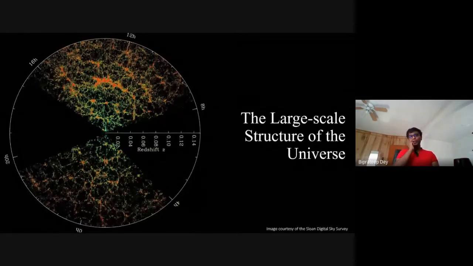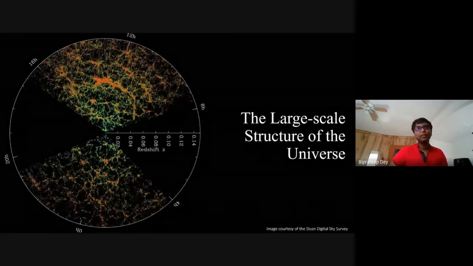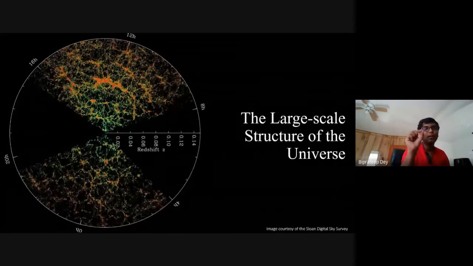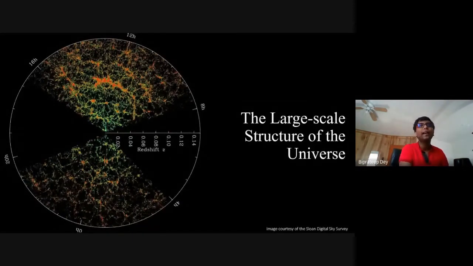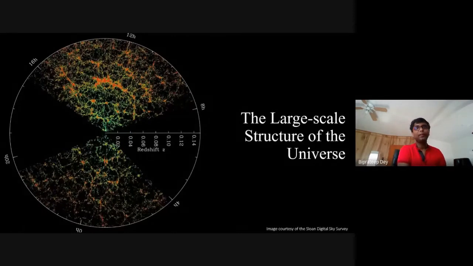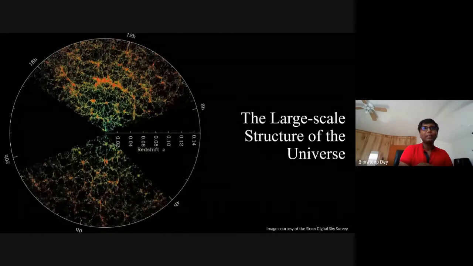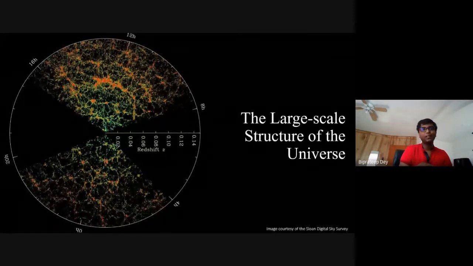So moving on, what we are seeing here is a projection of what the Sloan Digital Sky Survey sees, and each dot in this picture corresponds to the location of a galaxy. And the color corresponds to the density of objects available. And as you can see, the universe has a lot of structure in it.